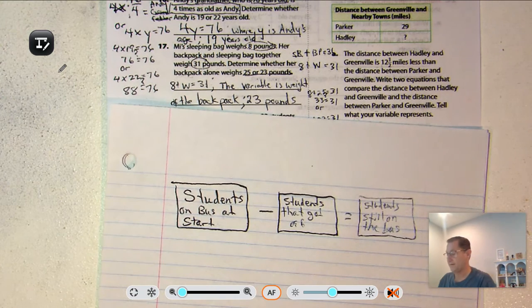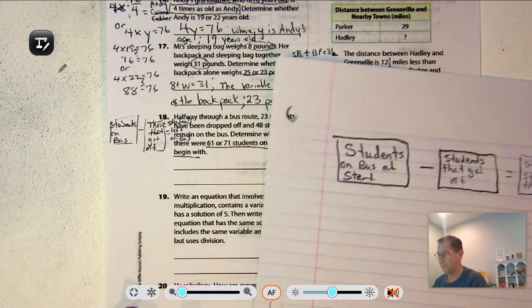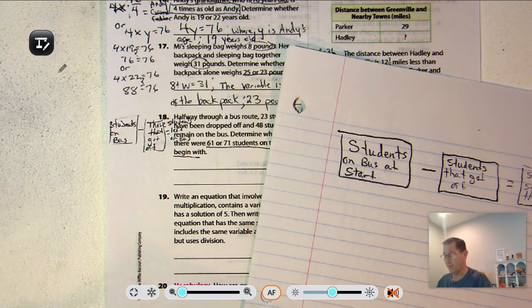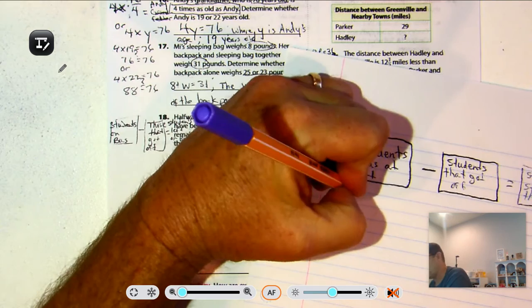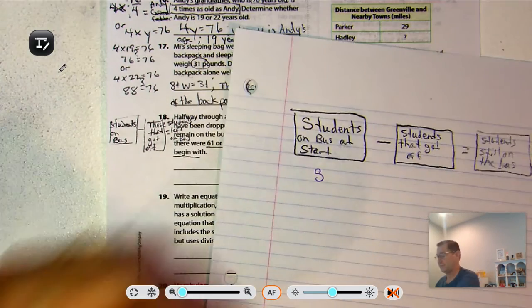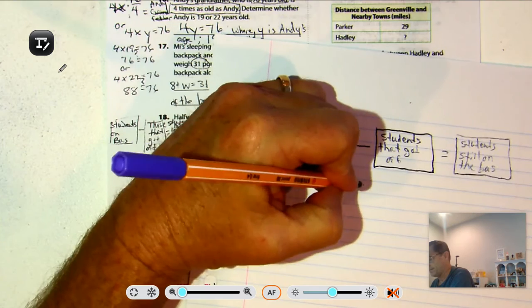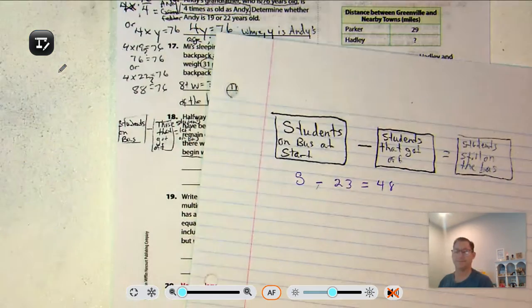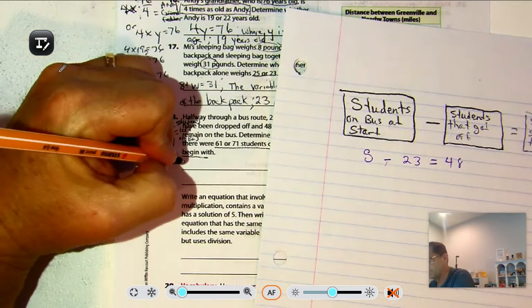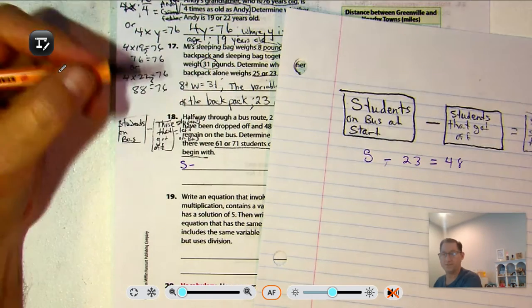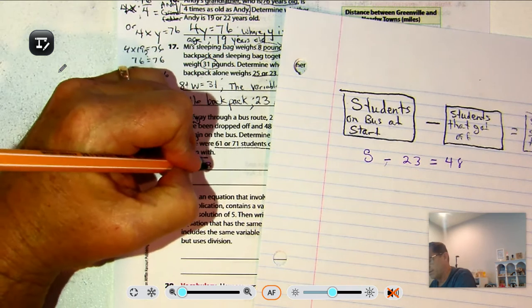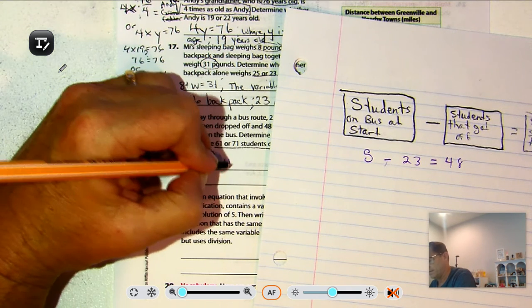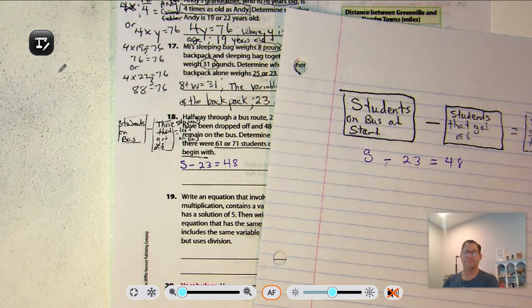All right, so they told us how many students were on the bus. I mean, we have to figure out how many students are on the bus. So maybe we can put S for students minus the amount that got off, which was 23, equals the amount that was left, which is 48. So that's our equation. Some number of students minus 23 that got off gives me 48 left.